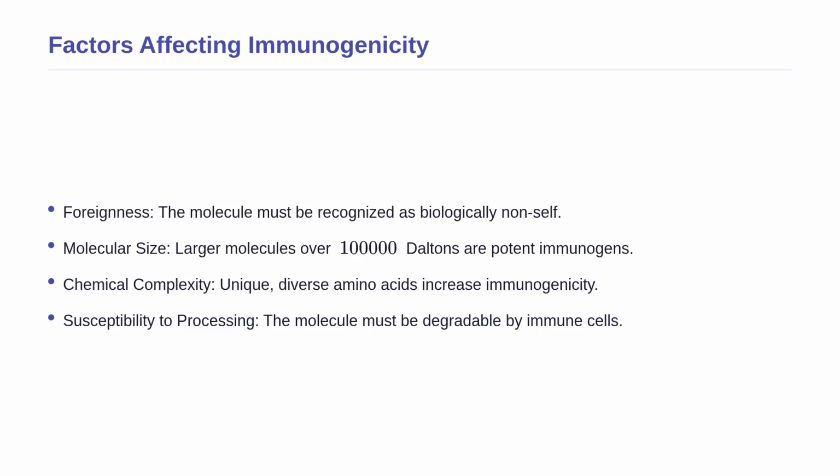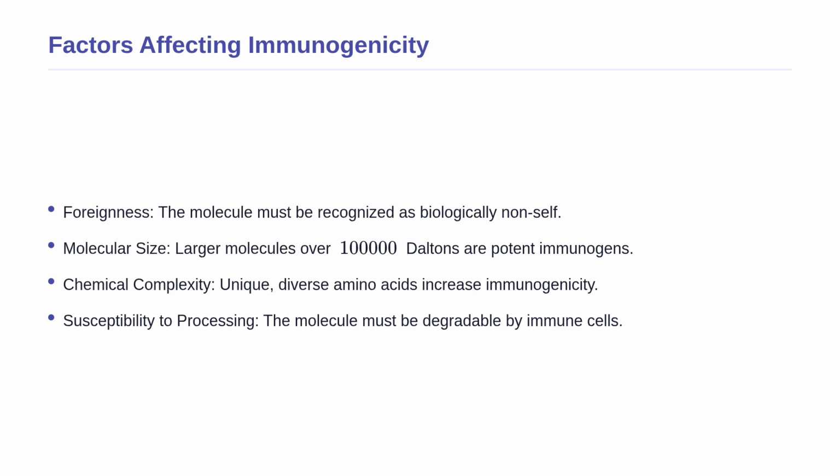This visual distinction brings us to our next major concept. What exactly makes a molecule an immunogen? The immune system does not react to everything. A molecule must possess extreme traits to force an attack. First is foreignness. It must look biologically different from your own tissues. Second is molecular size.